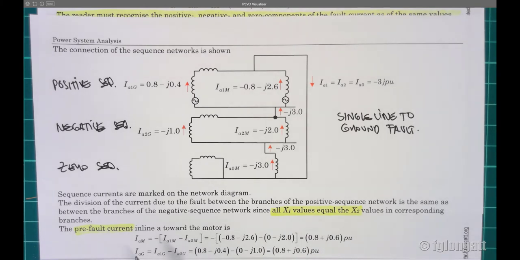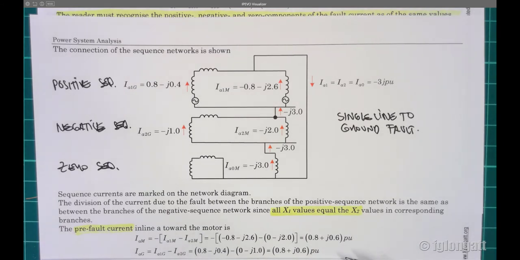Also, the line A current in pre-fault condition is equal to the positive minus the negative sequence contribution with a negative sign. As we are expecting, if there is no fault in the system, the current coming from the generator to the motor must be equal to the current going from the motor to the generator multiplied by -1. And that is what is happening here.